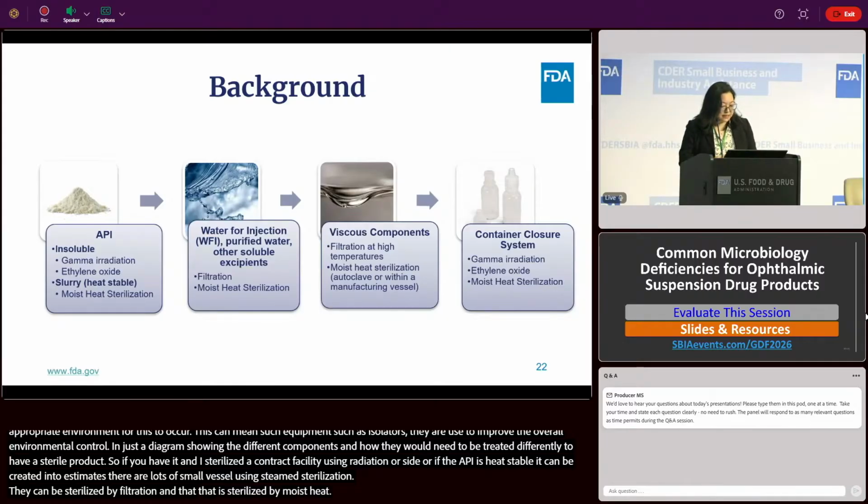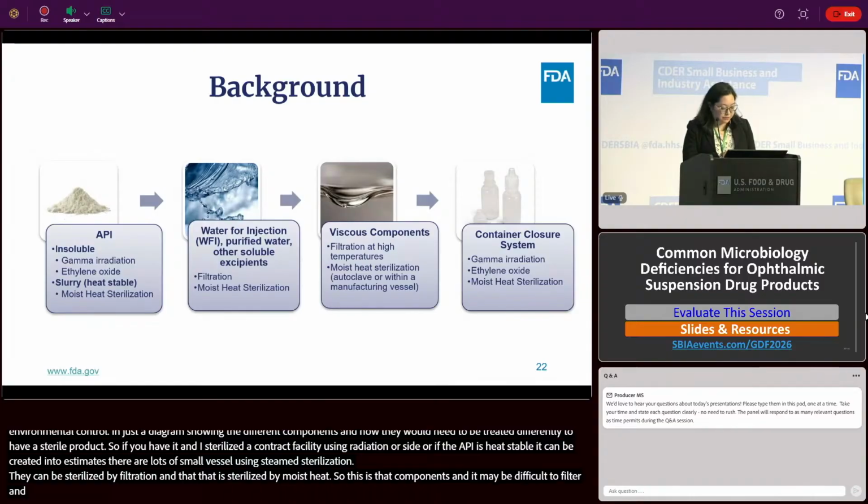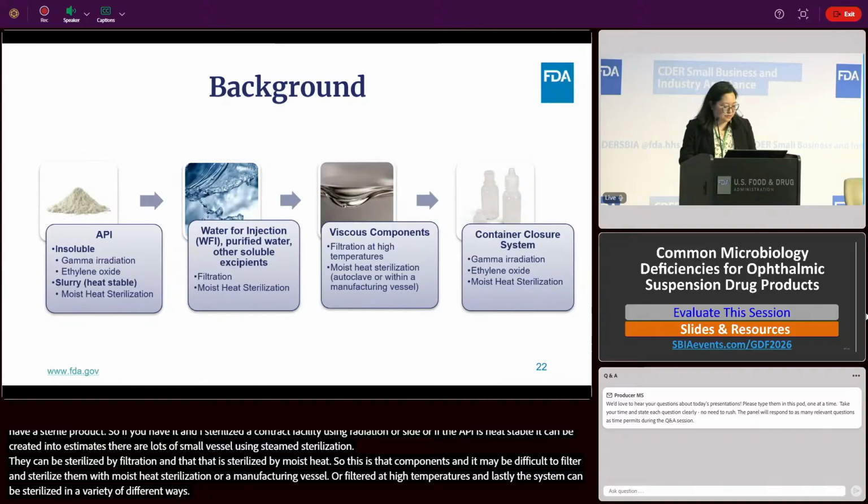Also, viscous components that are difficult to filter, you may also sterilize with moist heat sterilization in an autoclave or within a manufacturing vessel. Or they can also be filtered at high temperatures. And then lastly, your container closure system can be sterilized in a variety of different ways, including gamma radiation, ethylene oxide, and moist heat sterilization.